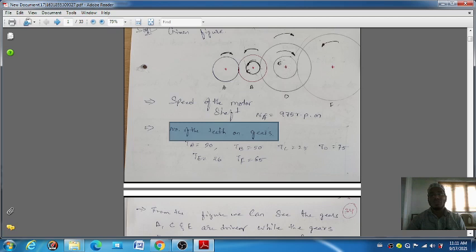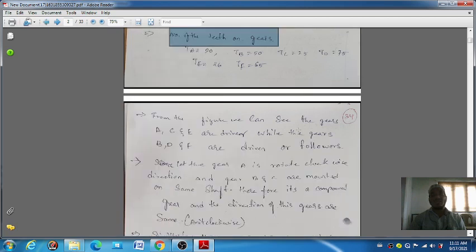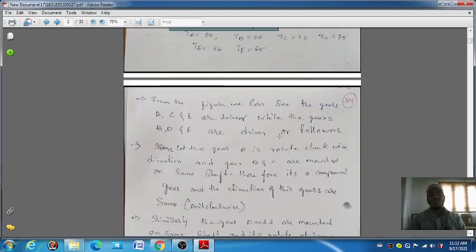So if gear E is rotated, the power will be transferred to gear F, and gear F will be rotated. That's why A, C, E are drivers and B, D, F are driven. From the figure we have drawn that.